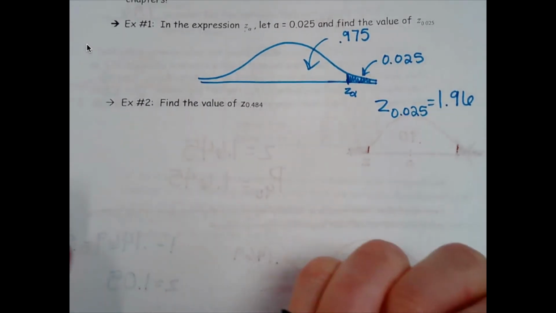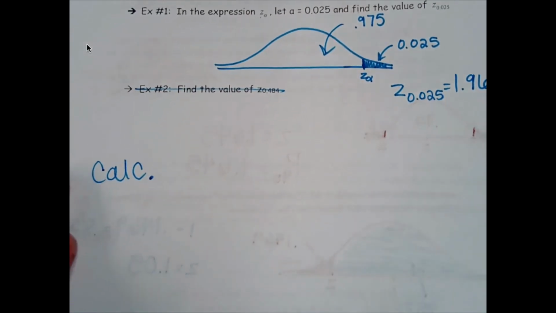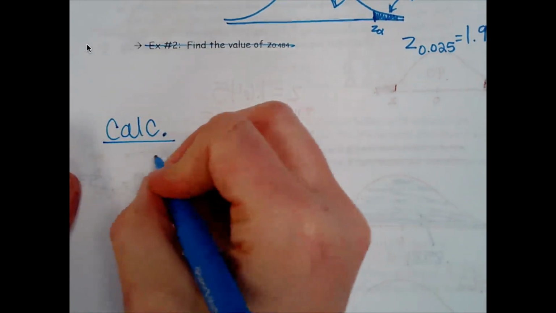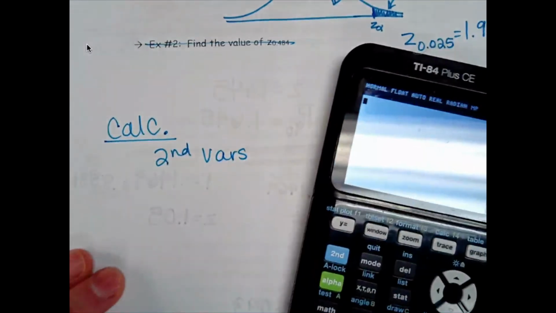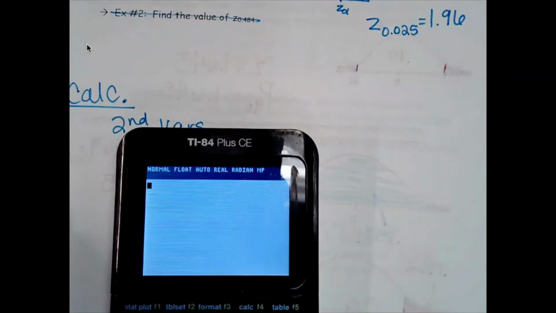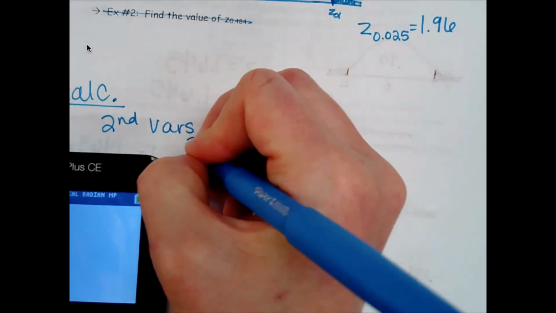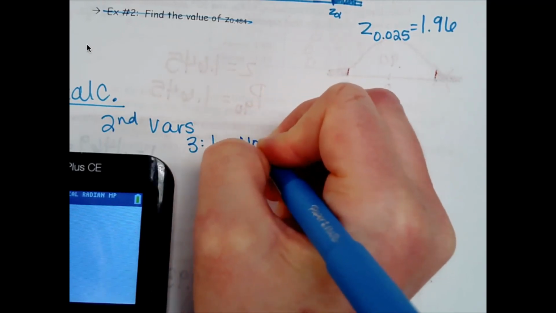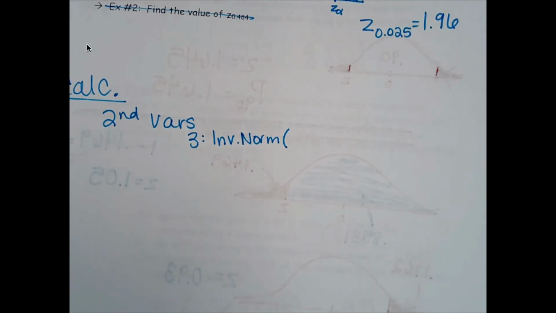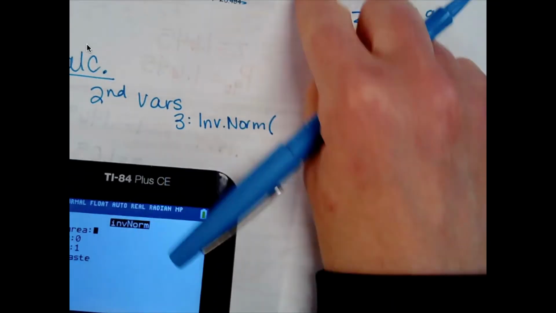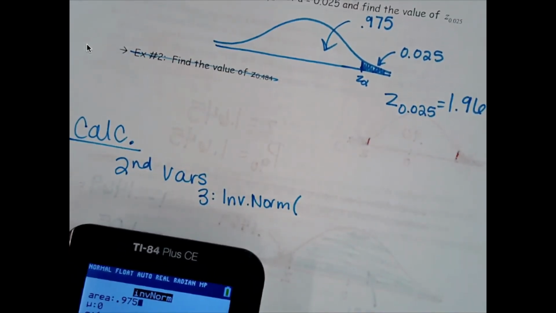All right, there is another way to do it. I'm going to show you in the calculator. In the calculator, we're going to do second vars and go to inverse normal, number 3. Push enter. For the area, you want to always use the area to the left. So that'd be 0.975.